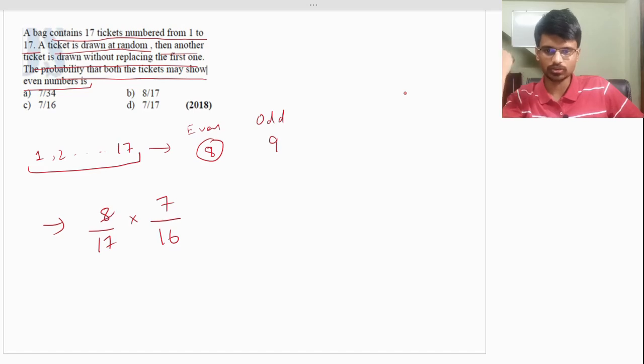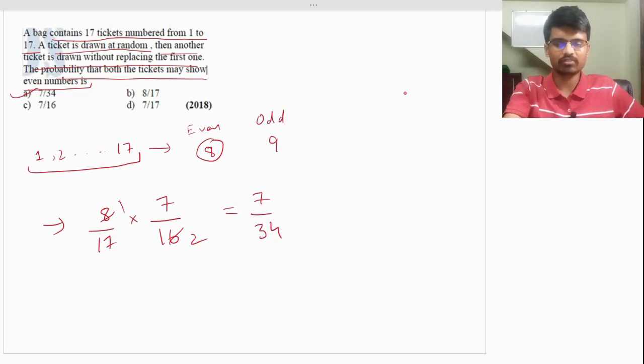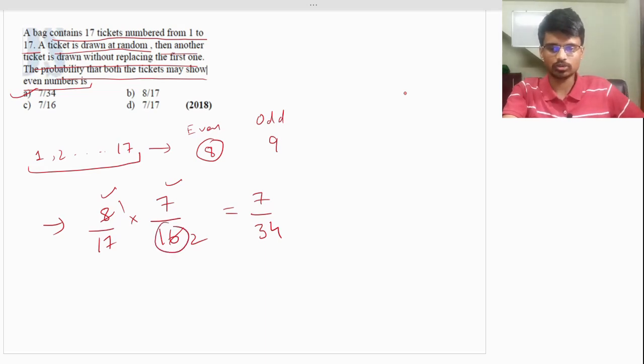So I just need to solve this: 8 ones are 8, 2 eights are 16, so 7 by 34. That is my correct answer. The second card is even with probability 7 by 16, because my denominator is reduced by 1 and my numerator is also reduced by 1. So this was also an easy question.